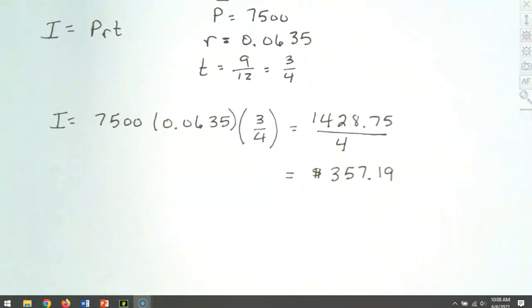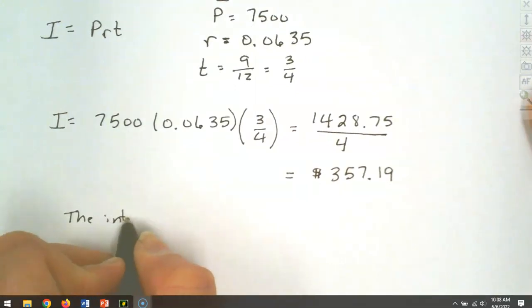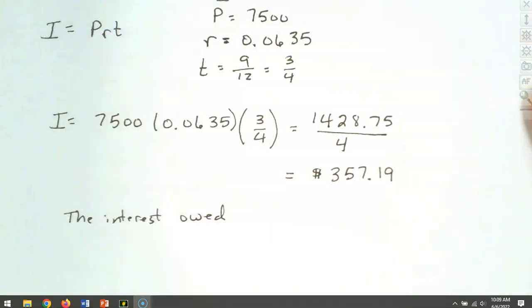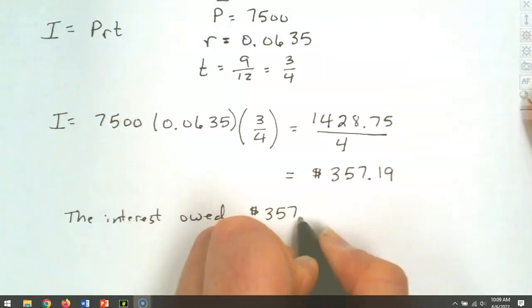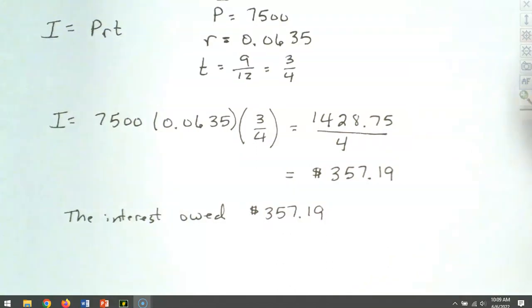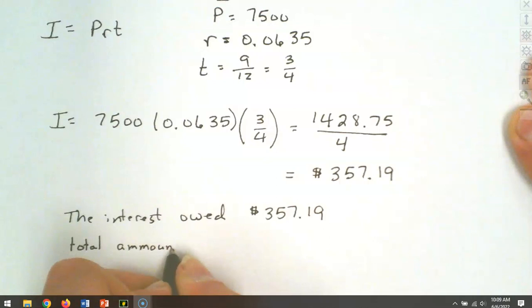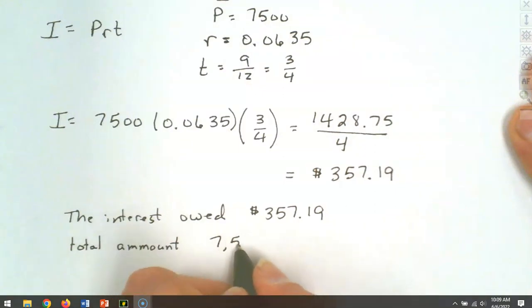So let's make sure we know what that is. Okay, the interest owed, in this case, is going to be $357.19. That's my interest owed. How do we find our total amount? Well, for our total amount, we take our original principal of $7,500.